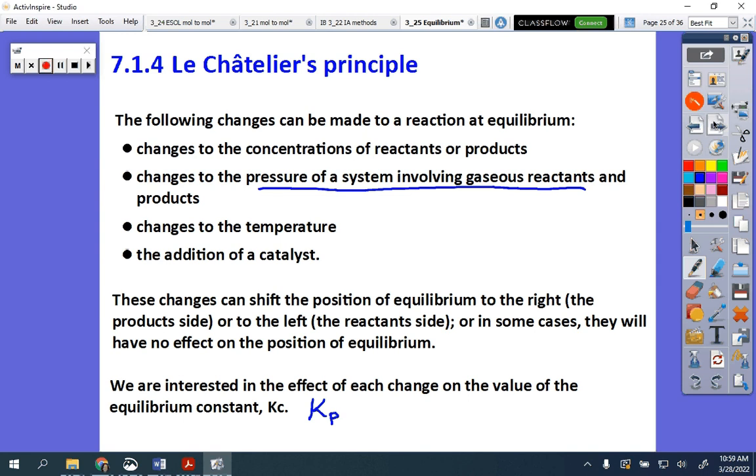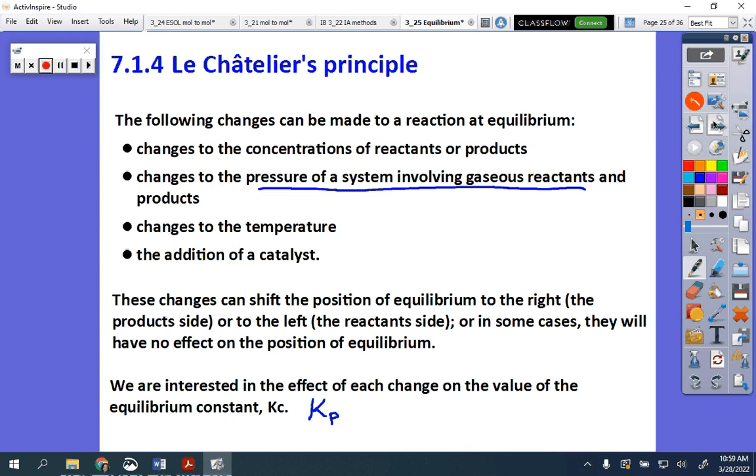So depending on what the change is, we can shift the position of equilibrium towards the products to the right or towards the reactants to the left, or possibly have no effect at all. We're going to talk about all of those potential shifts.